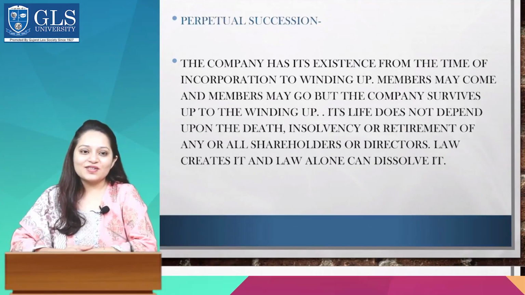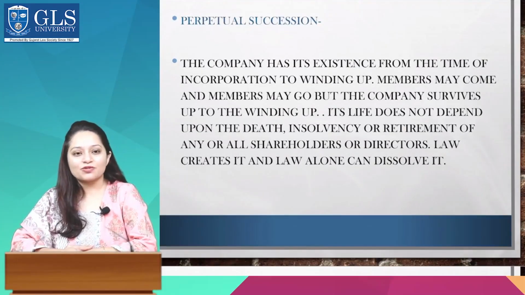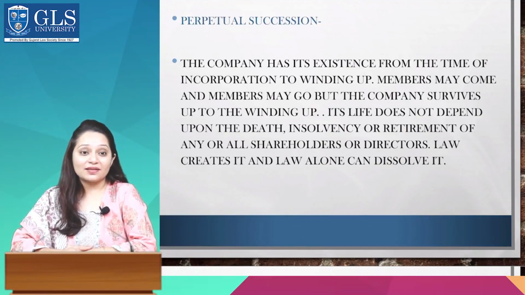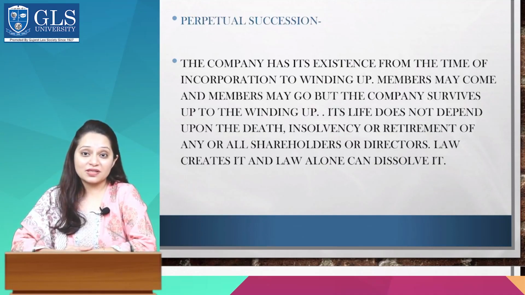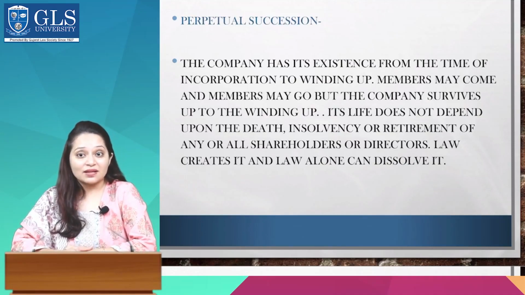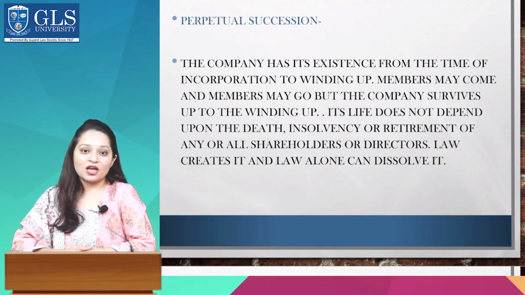The next characteristic of a company is perpetual succession. As you all know, there is a separate legal entity of the company. It means it's separate from its members, directors and shareholders. So when we say perpetual succession, it means that members may come and members may go out, but the company survives up to the winding up.